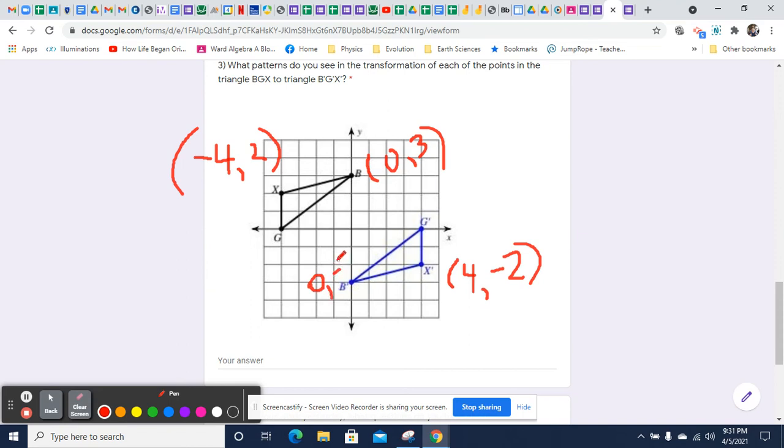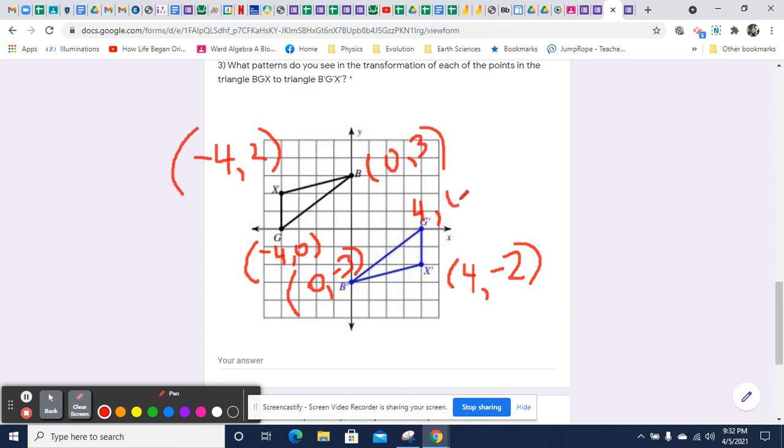And hopefully you're starting to see a little pattern here. G is, of course, at negative 4, 0. But G prime is at positive 4, 0.